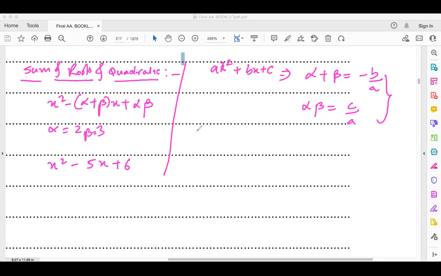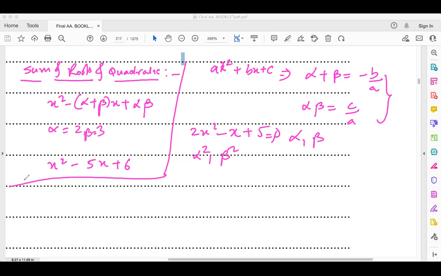Suppose you got a quadratic, let's say 2x squared minus x plus 5, whose roots are alpha and beta. You have to find another quadratic whose roots are alpha square and beta square, or something similar, without finding the values of alpha and beta.